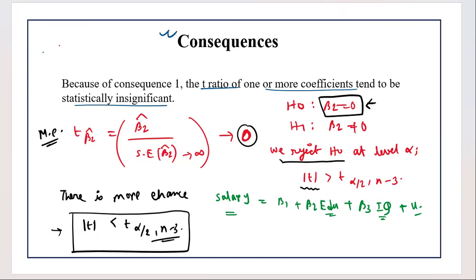Now you want to test whether education is statistically significant or not, and whether IQ is statistically significant or not. Now, if multicollinearity is present, it is very likely that this beta 2 will come out to be 0, which basically means that education is not statistically significant in determining the salary level. But is this true in reality? It is not true in reality. Education is one of the most important determinants of salary, right? This is what we know. So this is the problem.